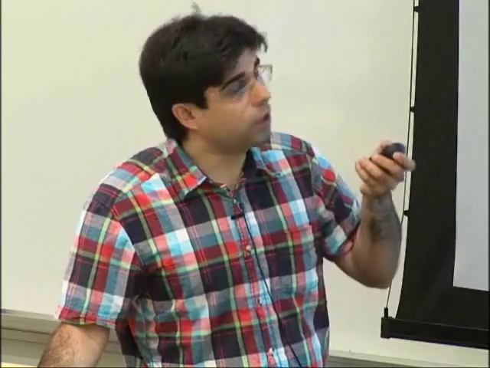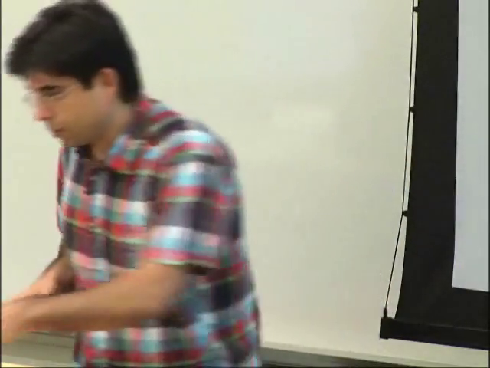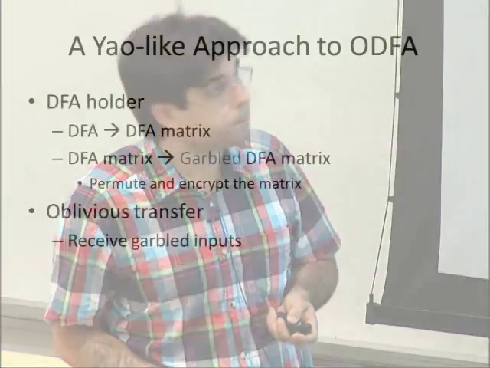All right, so here's the rough idea behind the protocol. The DFA holder starts with a DFA. He turns it into a DFA matrix, which is a fairly simple data structure for evaluating the DFA. Then he garbles the DFA, essentially by permuting different rows and encrypting them in a special way. He sends this garbled DFA matrix to the client.